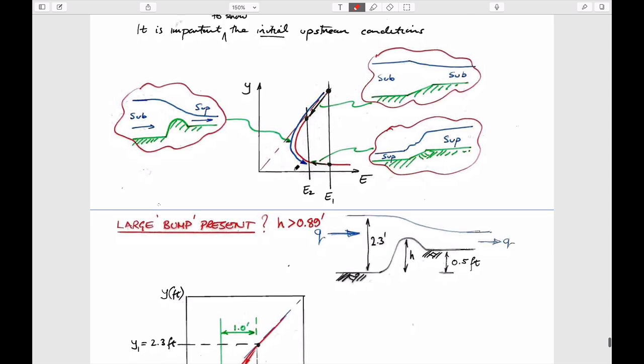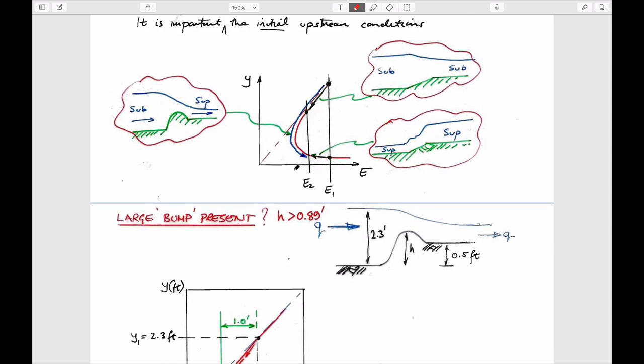So if you have a flow that is a given flow rate, and if you're sitting here, then by definition, everywhere above this nose is a Froude number which is greater than 1. It's subcritical. Everywhere below this number is a Froude number which is less than 1.